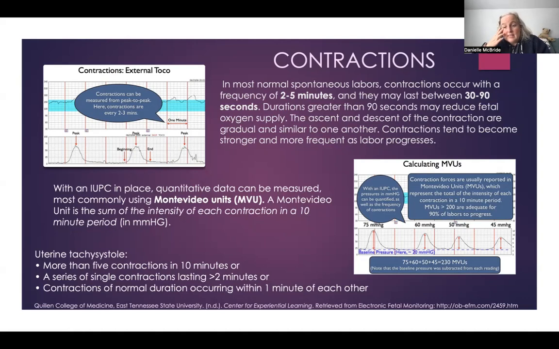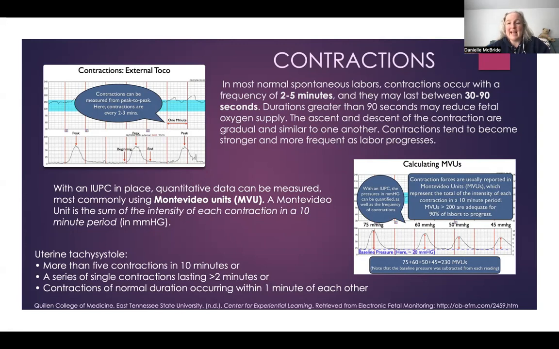If we have an IUPC in place, that's the intrauterine pressure catheter, then we're actually quantifying the strength of our contractions using Montevideo units. Montevideo units measure the millimeters of mercury, or the strength of each contraction, over a 10-minute period. So if I have more than 5 contractions in 10 minutes, any contractions lasting longer than 2 minutes, or contractions occurring within a minute of each other, these are all signs that our contractions are too close and lasting too long.